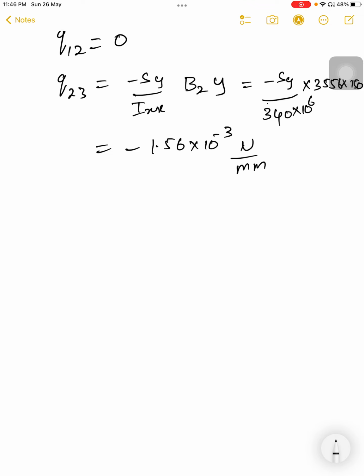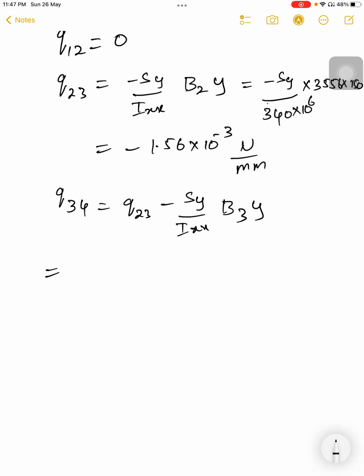So now this is Q23 and we'll have Q34. Q34 will be Q23 minus Sy by Ixx B3y.